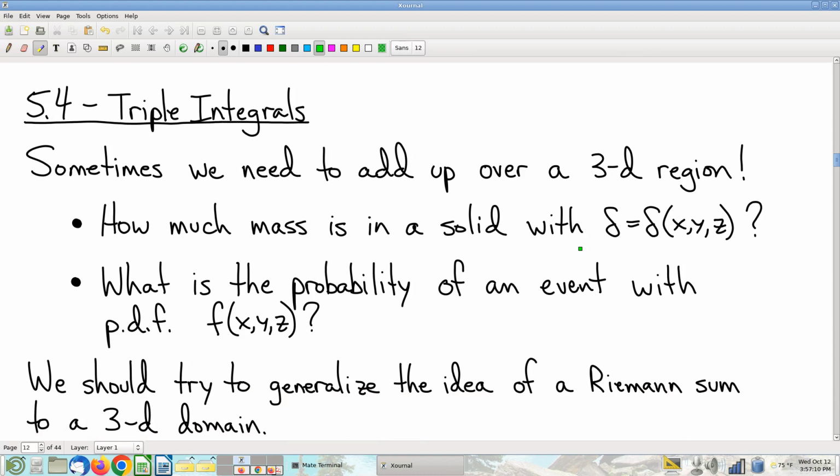So, triple integrals, a lot like double integrals. Let me just remind you, what was the big idea with double integrals? The big idea is that we're going to rip off single variable integrals, in the sense that, for all of these kinds of integrals, you've got some sort of a domain, be it one-dimensional or two-dimensional. You can chop it up into little pieces, such that on each little piece, the problem becomes simpler.